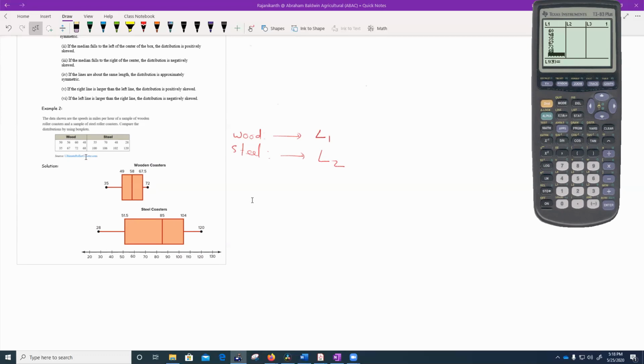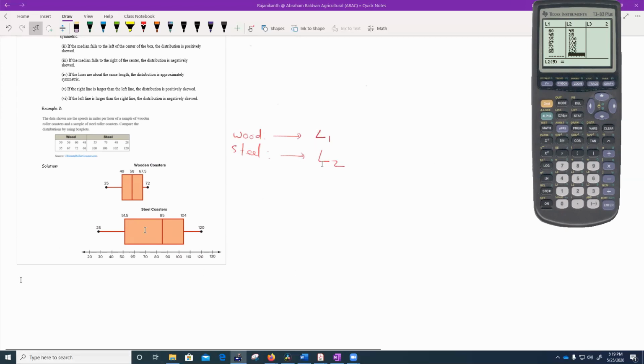So this is my first data set. Now I am going to enter the second data set, steel, in L2. That is 55, 70, 48, 28, 100, 106, 102, and 120. So I have entered all the data values.